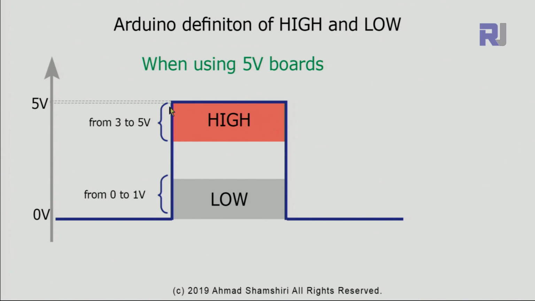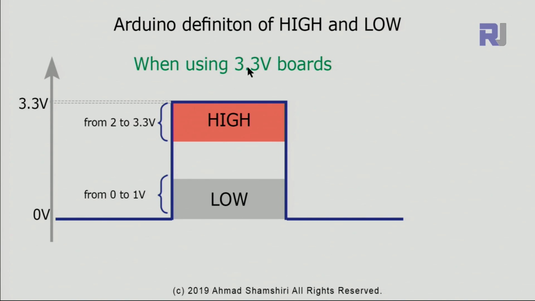So the value must be between these ranges. But internally with Arduino, when you set it high, you always get 5 volts, and when you set it low, you will get 0. This definition applies when you connect an external source to Arduino, and it must abide by this rule.